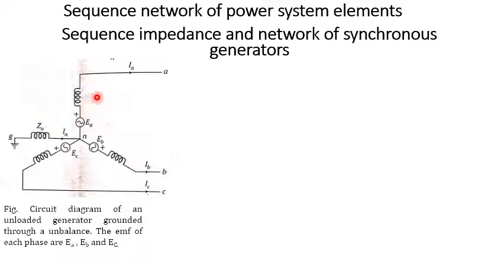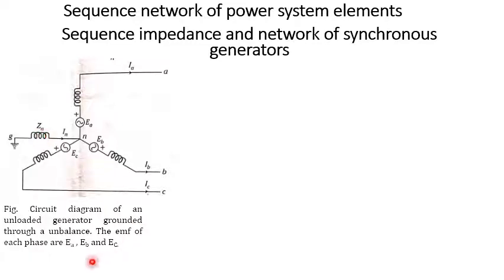When the generator is delivering a balanced load or is under a symmetrical fault condition, the neutral current is zero. But when the generator is delivering an unbalanced load or during an unsymmetrical fault, the neutral current IN flows from ground to the neutral via Zn.